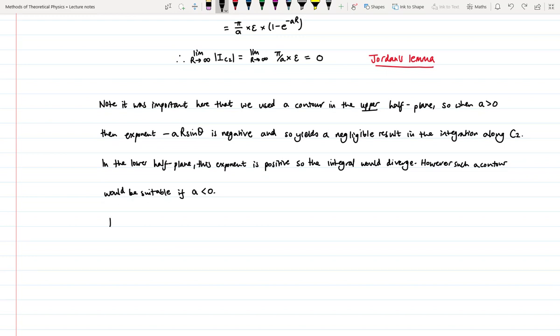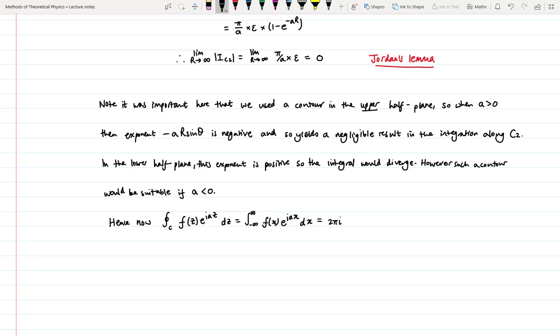To recap what we found here, we have that the contour integral along that semicircular contour C in the upper half plane of f of z e to the I a z was just the same as the integral from minus infinity to infinity of the real function times the complex exponential.